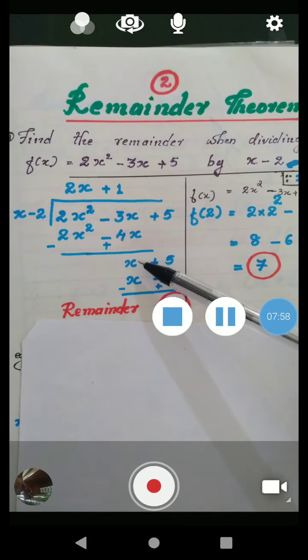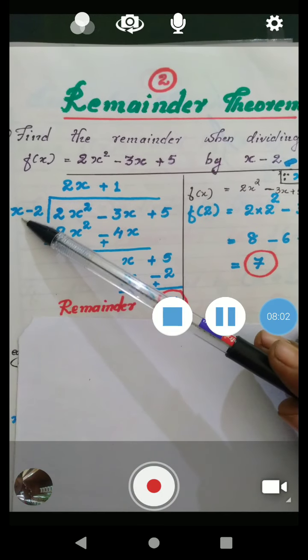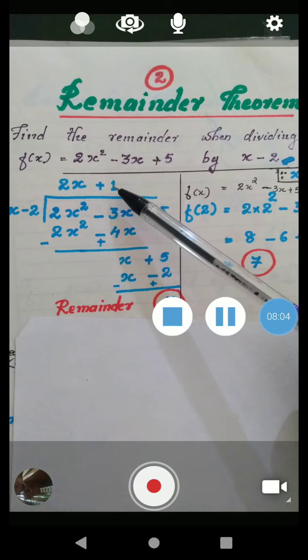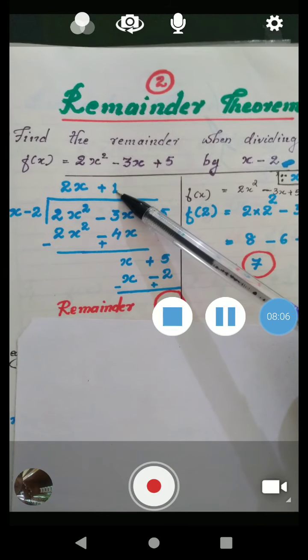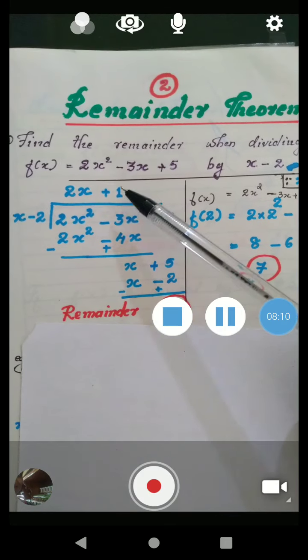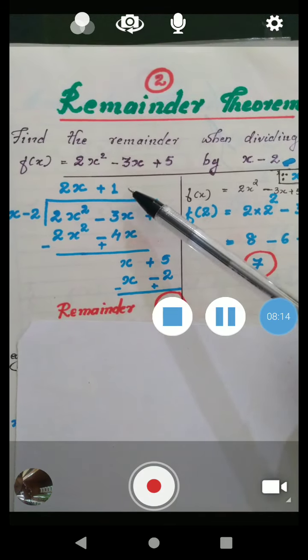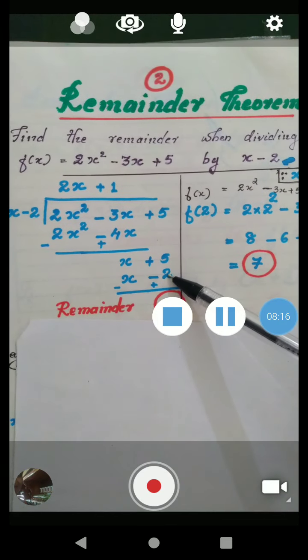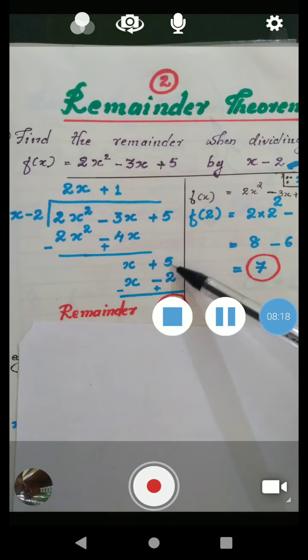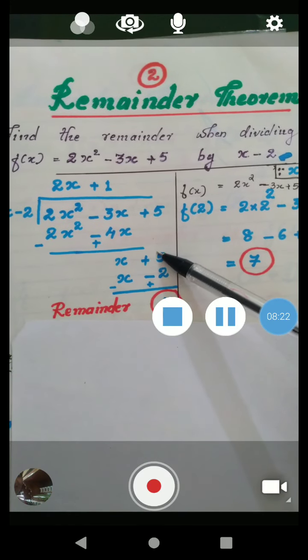Again the same process. x divided by x is 1. So the next term of the quotient is plus 1. Write that term here. Now multiply 1 into x, x, and 1 into minus 2, minus 2. Again subtract this from this.